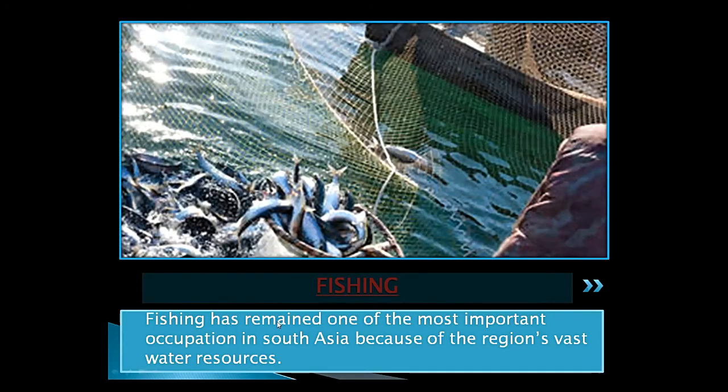Fishing has remained one of the most important occupations in South Asia because of the region's vast water resources. The people of Sindh in Pakistan and the people of Bangladesh consider fish a major part of their diet.